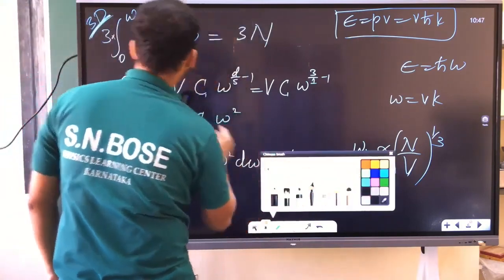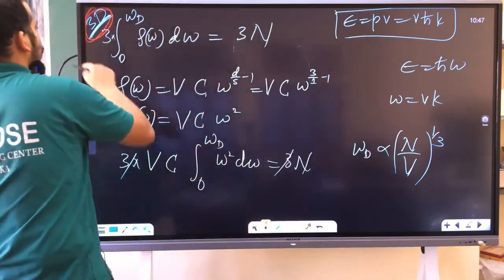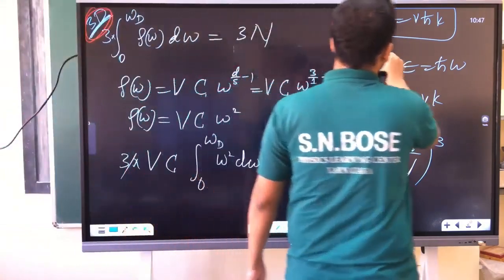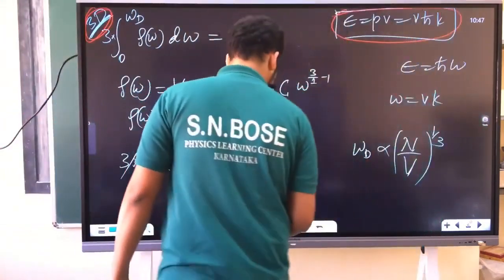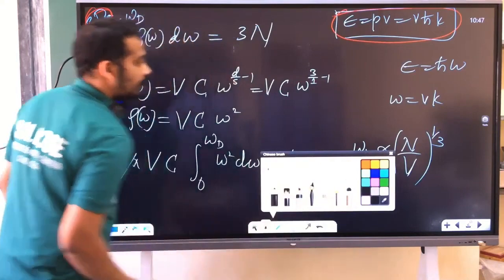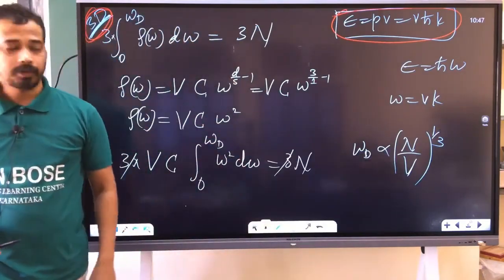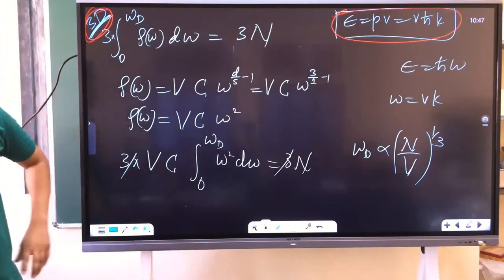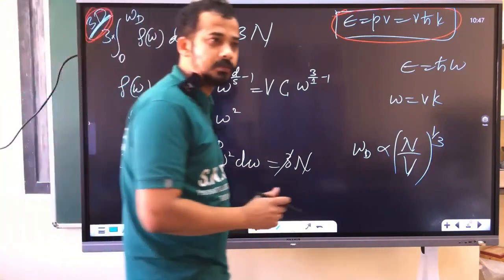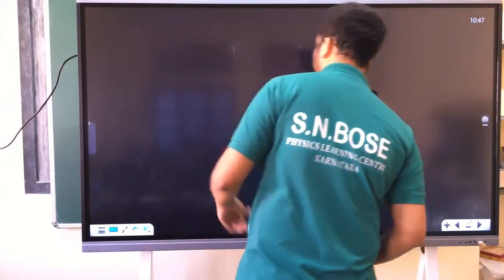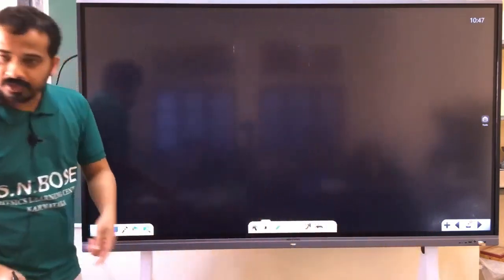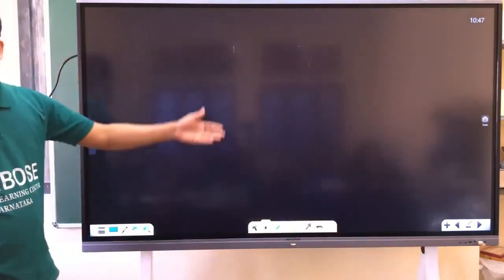We are talking about 3D here, and this dispersion relation. For those things, this happened like this. Omega d proportional to n by v whole power 1 by 3. Okay. So not over. This is one part, which is some intermediate part of our Debye theory stuff, isn't it?